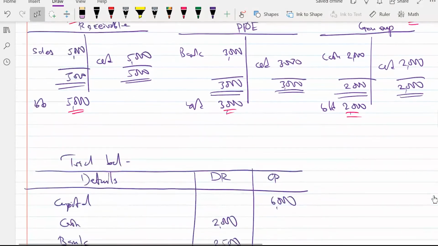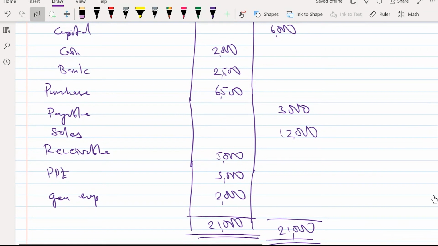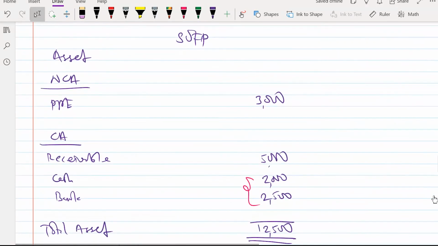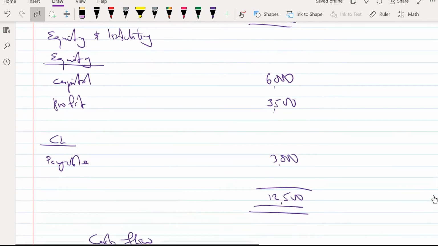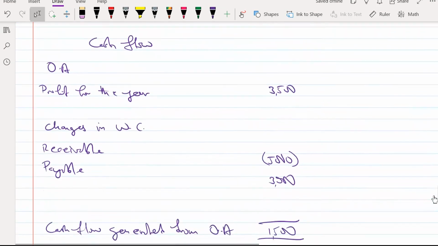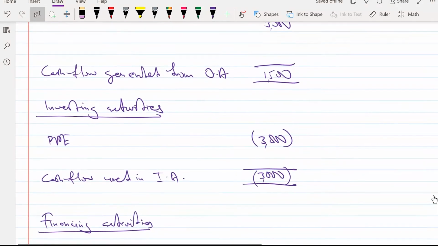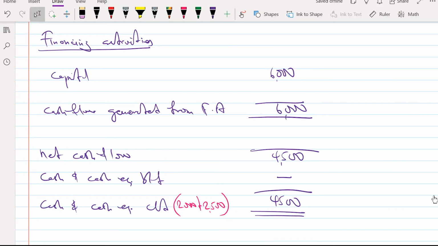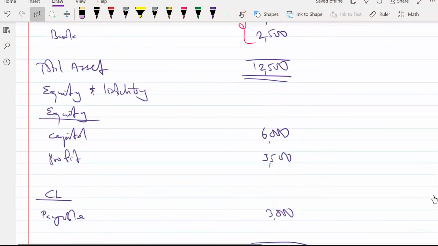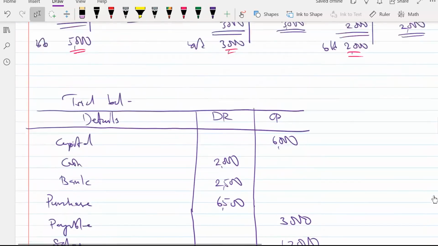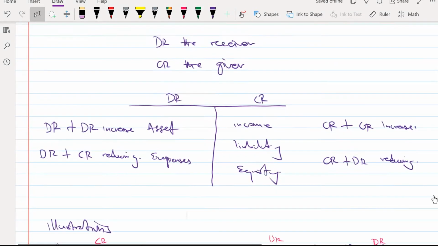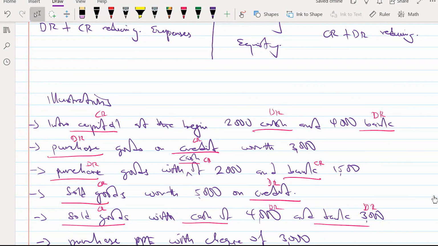Then after doing so, we open the trial balance, and after the trial balance, we did the profit or loss, the statement of financial position items, and we also looked at the impact on the cash flow statement. So if you're able to understand your double entries, which is the first thing we talked about, and those key issues that would affect your accounting treatment, then you will be able to get to the final account.